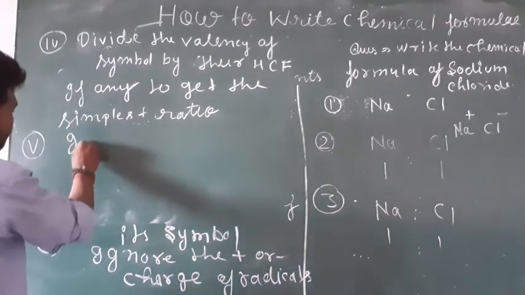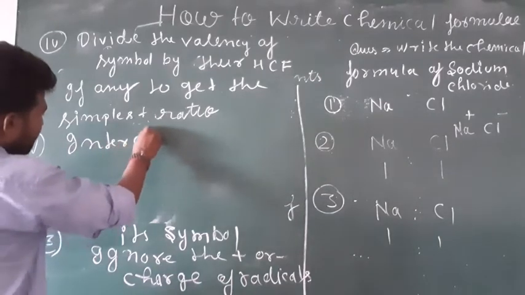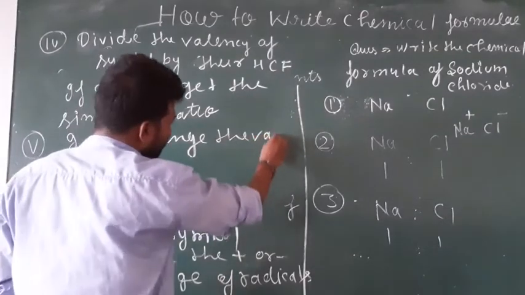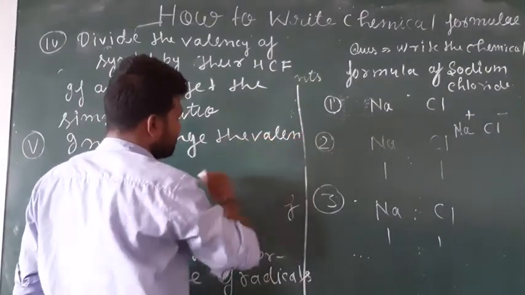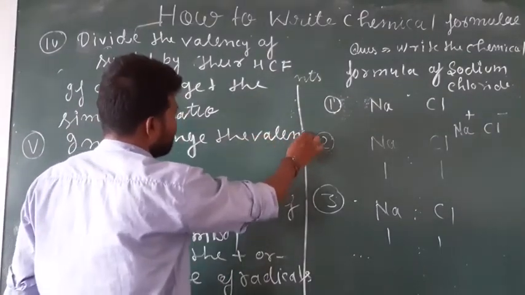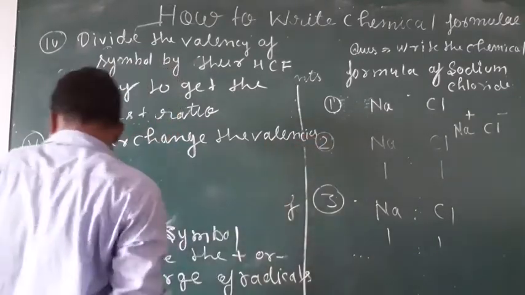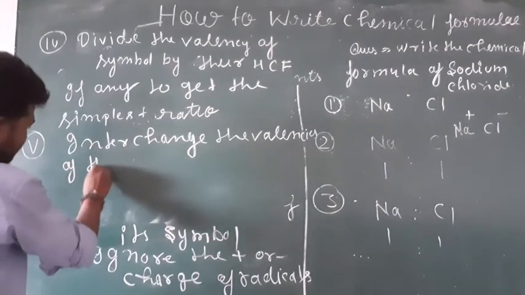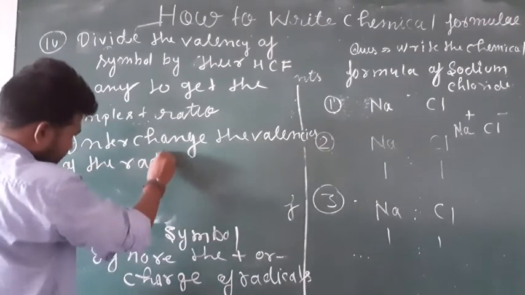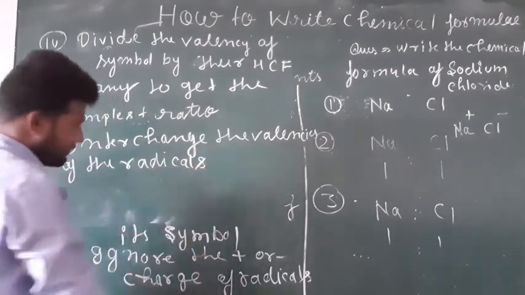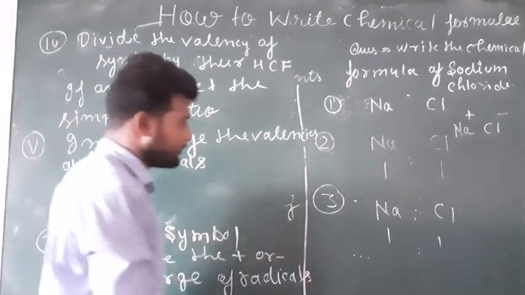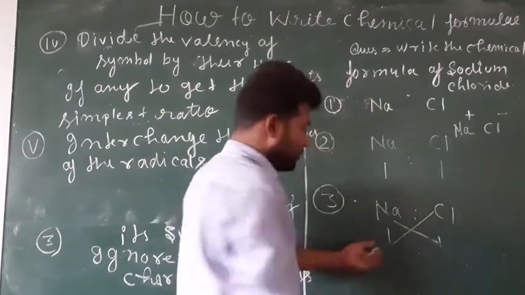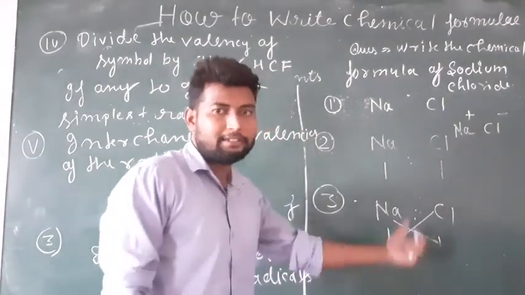Next, rule number 5: interchange the valencies of the radicals. So when we interchange, then both valencies may be the same.